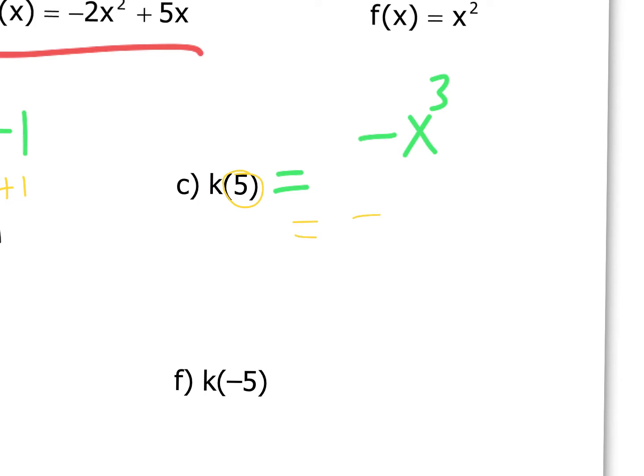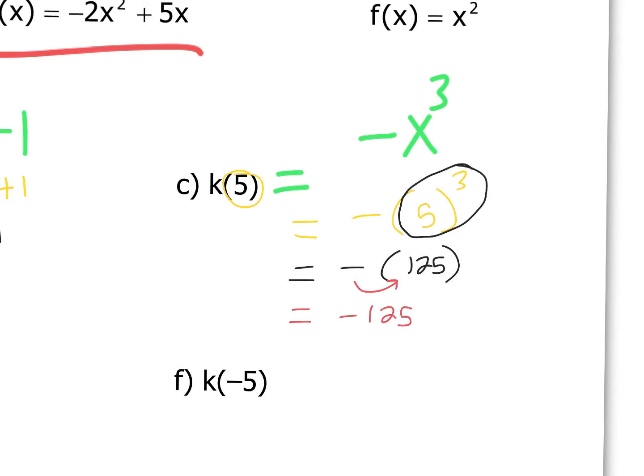So we're going to do negative parenthesis 5 cubed. Now, order of operations says we do the exponent first. So 5 cubed is 125, and then distribute the negative in. So we get negative 125.